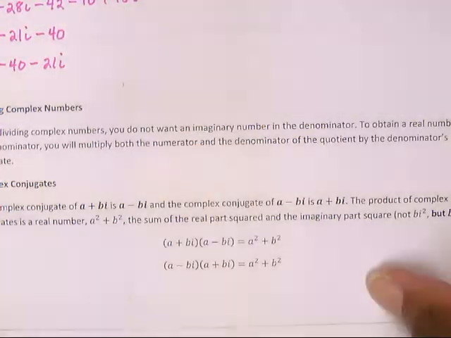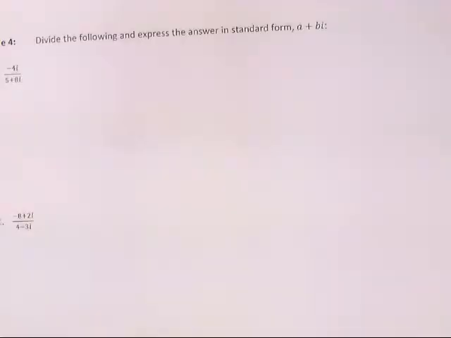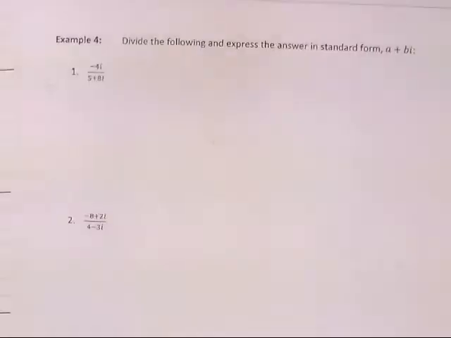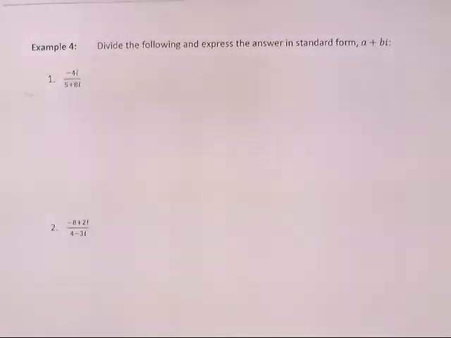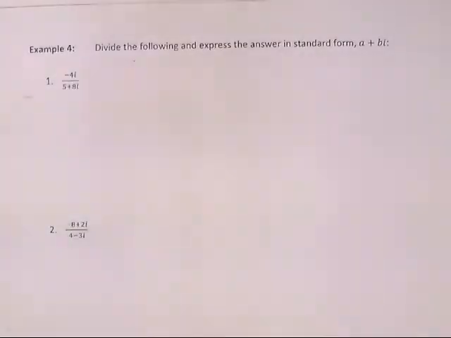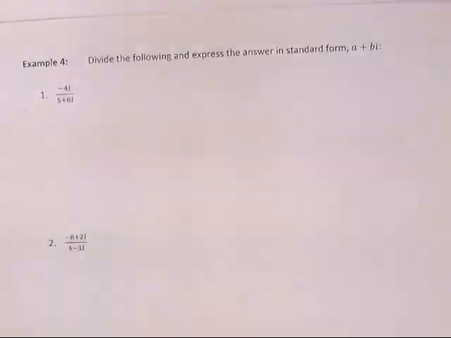Alright, so now let's look at some examples of that. Alright, in this one, we're going to divide the following and express the answer in standard form, a plus bi. In this case, you got negative 4i divided by 5 plus 8i.